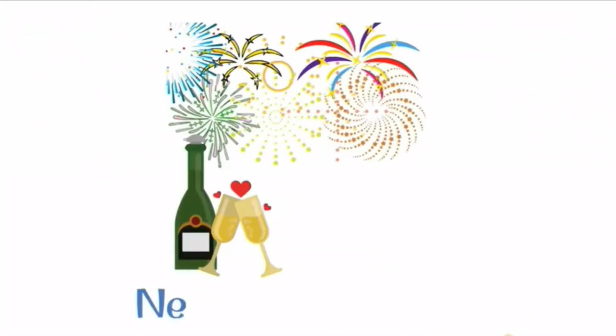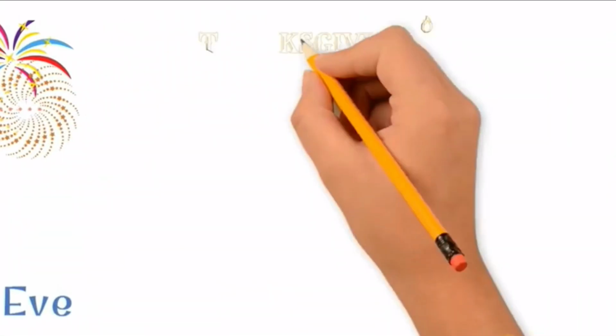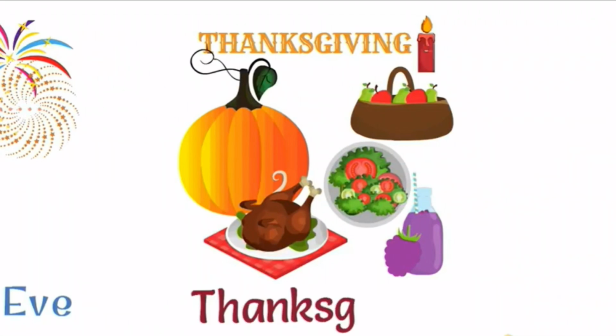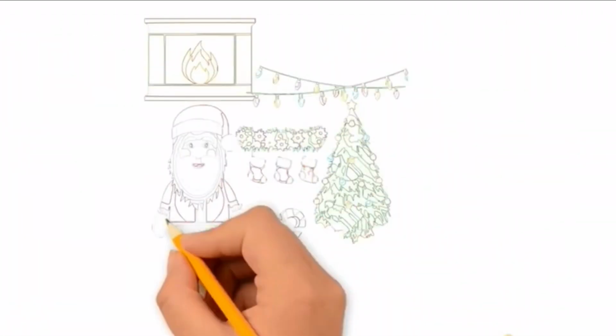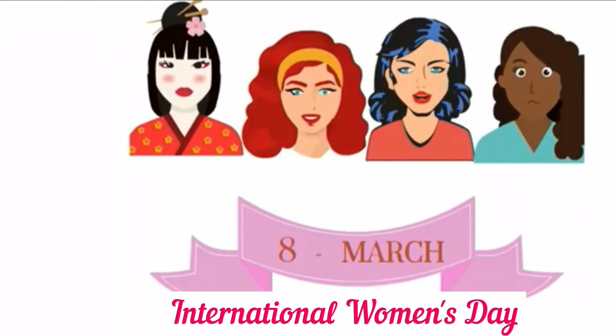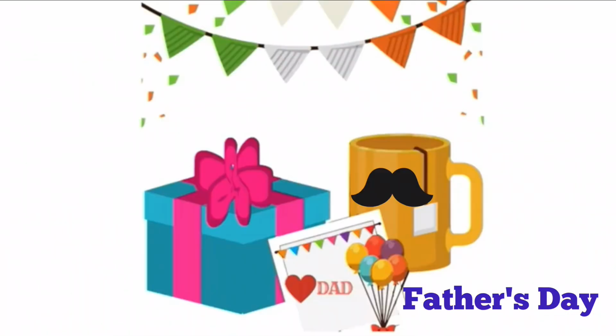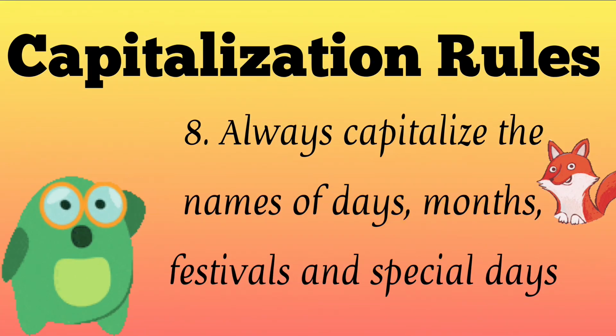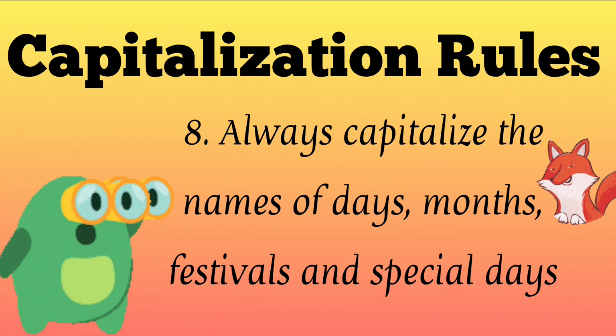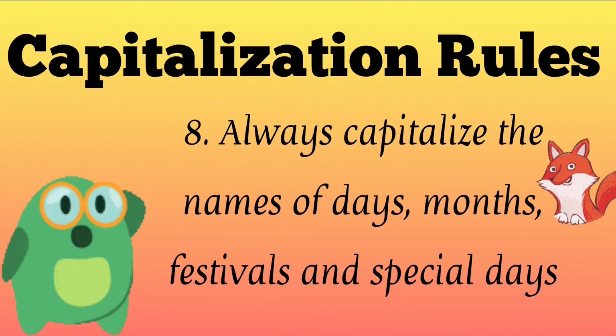We also use a capital letter at the beginning of the names of the festivals and special days. For example, Christmas, Women's Day, Valentine's Day, Father's Day, etc. So our eighth capitalization rule is to always capitalize the days, months, festivals, and special days.